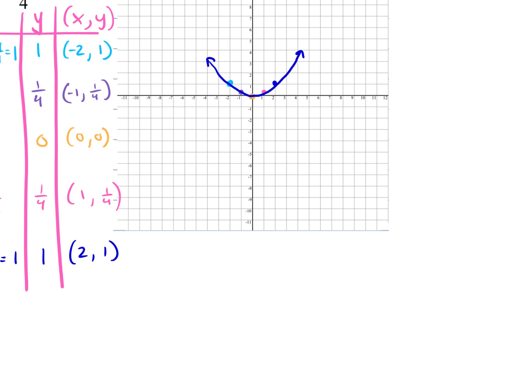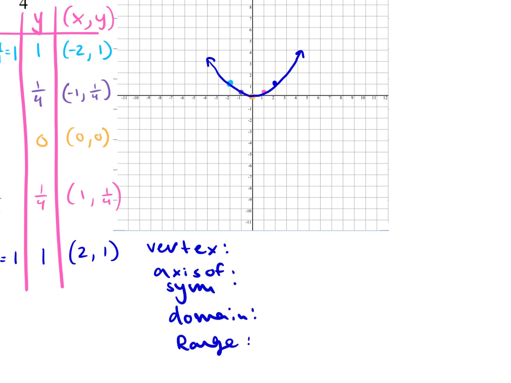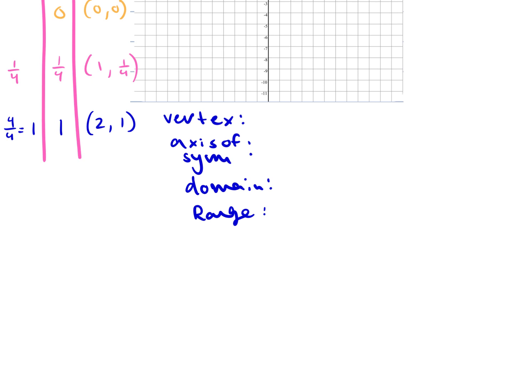Let's find all of our important information here. We need to find our vertex, the axis of symmetry, the domain, range, and where it's increasing and decreasing.